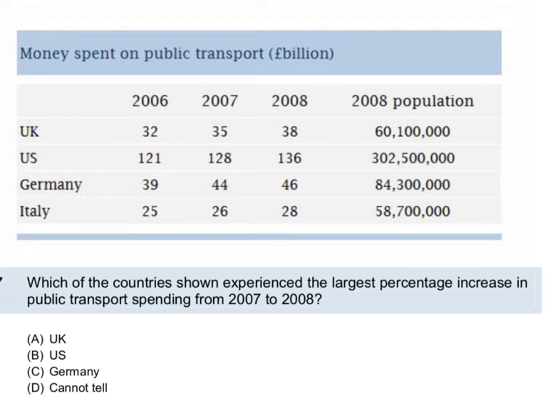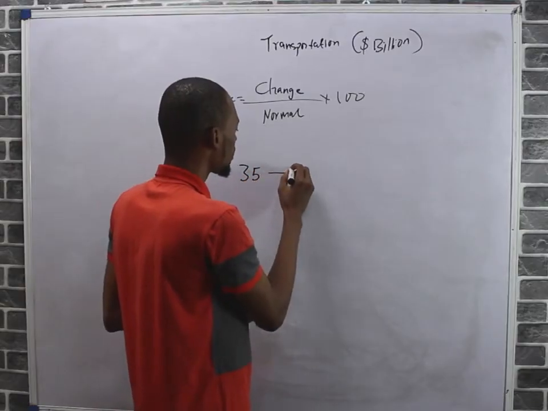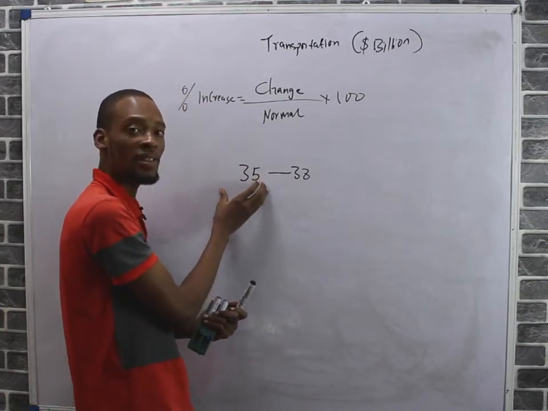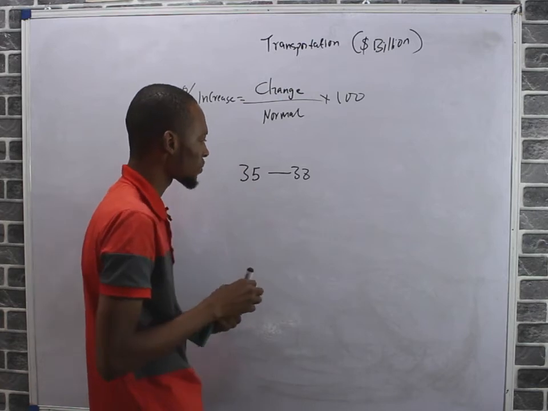In 2008, UK, for example, had spent $38 billion on transportation. And in 2007, they spent $35 billion on transportation. This means from $35 billion to $38 billion.